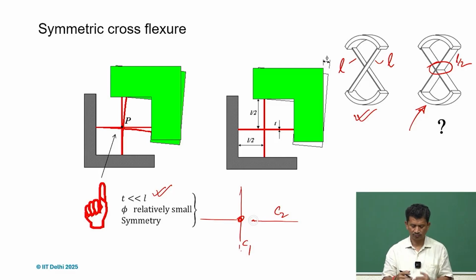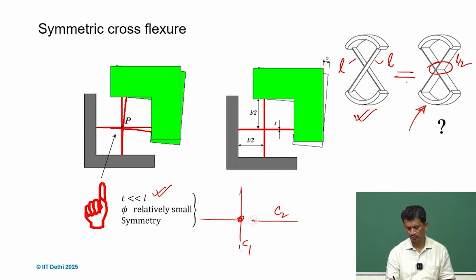Maybe because one is not aware, or because of a manufacturing limitation, if you are doing wire EDM, you tend to just merge them. But if you merge them, be aware that the stiffness, the stresses, and the range of motion are going to be very different from this case.